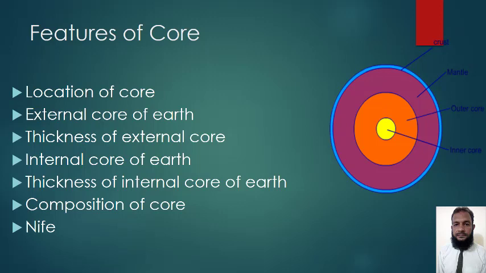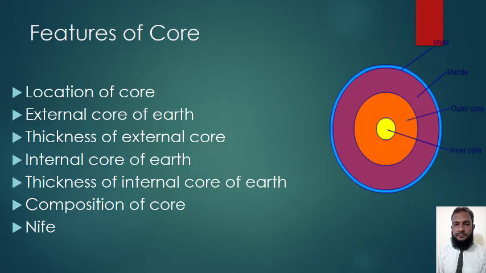Features of core. Core is the most inner part of the earth. Outer part crust, middle part mantle, and most inner part is the core. So what is the location of core? The sphere present under mantle is called core, beneath the mantle.